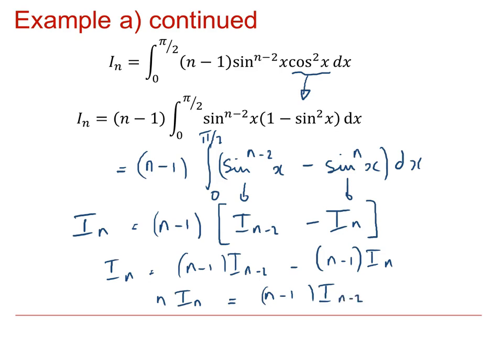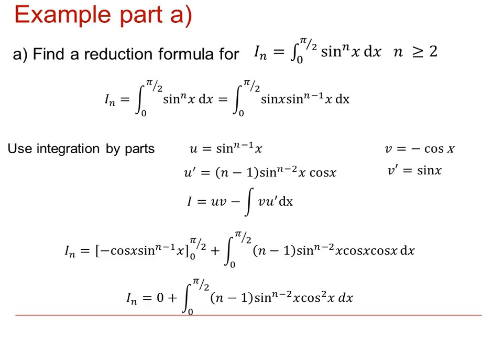So let's just take a moment to recap that procedure then. We started off wanting to find the integral of sine to the power n of x and decided we could do it by splitting it into sine x and sine to the power n minus 1 of x dx and using integration by parts. That produced two parts, one of which evaluated to 0 and the other of which we could then use an identity for cos squared x.